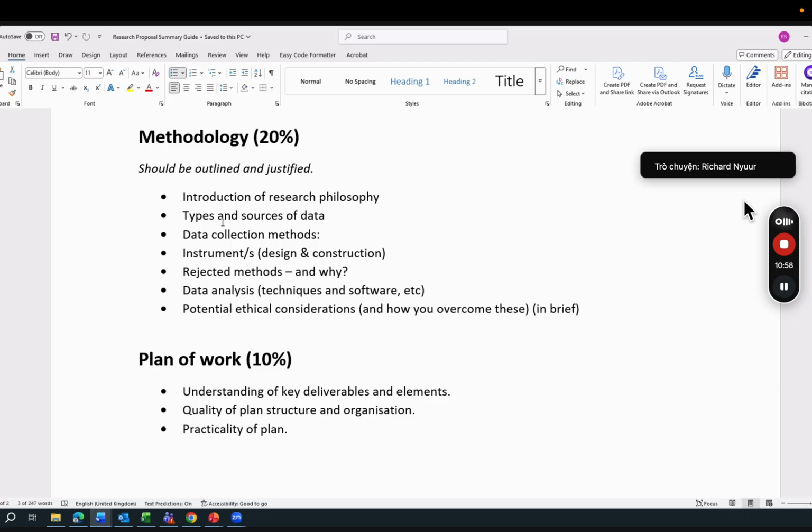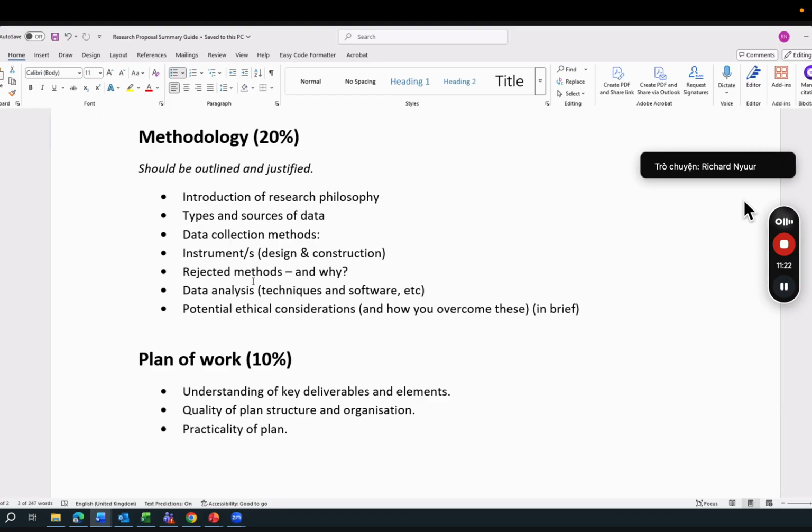Then you talk about the types and source of data you collect, the data collection methods, and the instruments that you will use. Okay, so here we are saying it's either a survey questionnaire or an interview instrument. And then you talk about the methods, why you've adopted the particular methods, and why you have decided not to.